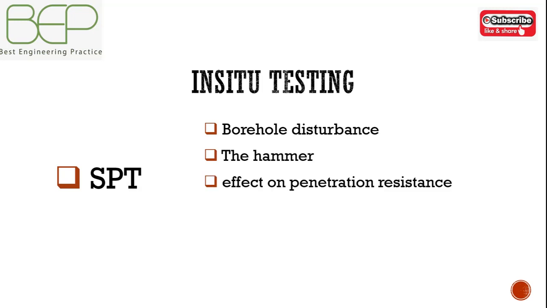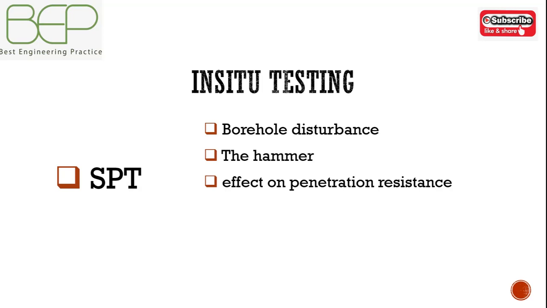In sands and gravels, which are non-cohesive soils, the effective stress at the test level has a significant effect on penetration resistance. The same sand at the same density will have a higher strength and stiffness at depth than it has near the surface, and this will be reflected in the measured N value.